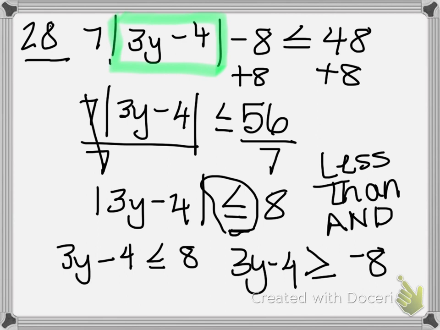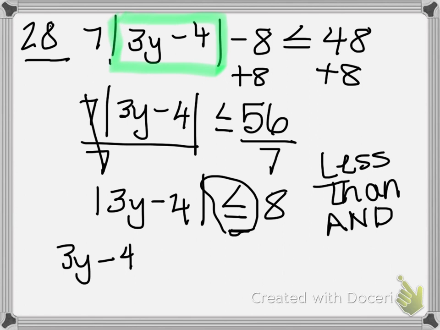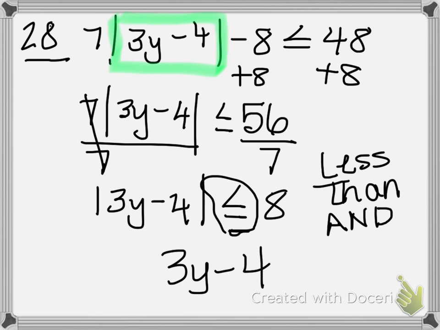So sometimes we write this like this, with the 3y minus 4 in the middle, and then these are less than or equal to symbols, and then we have negative 8 to positive 8. Because ands are togetherness, with an and, the stuff is all in the middle.